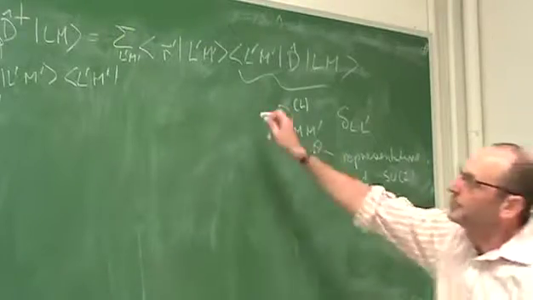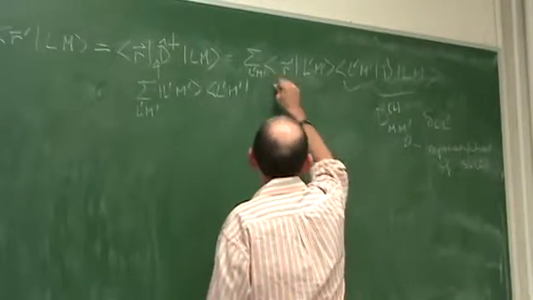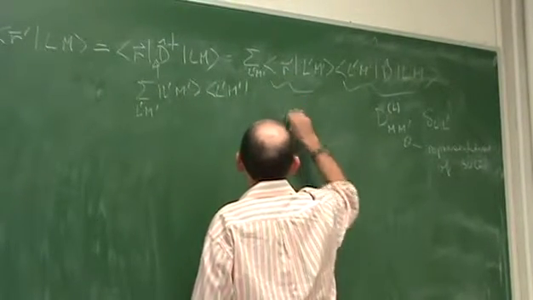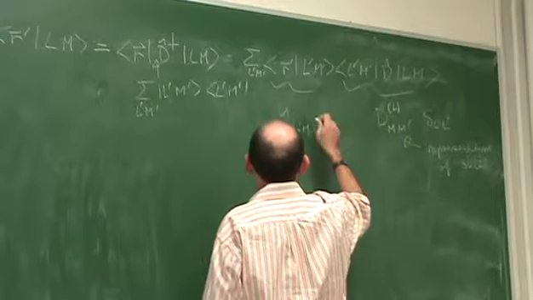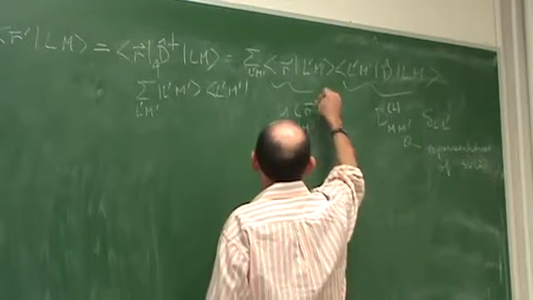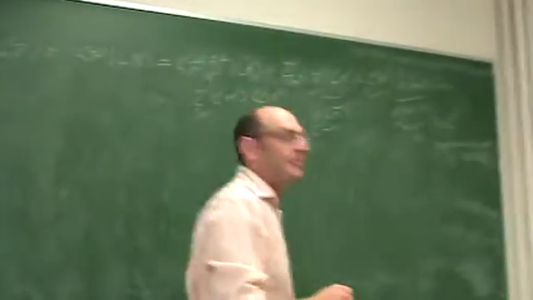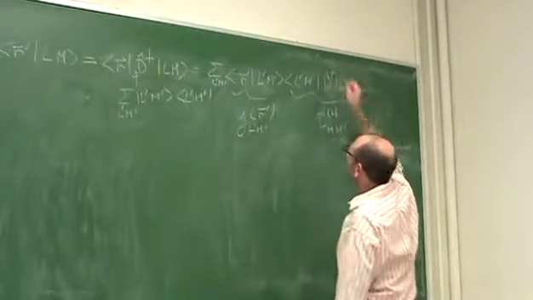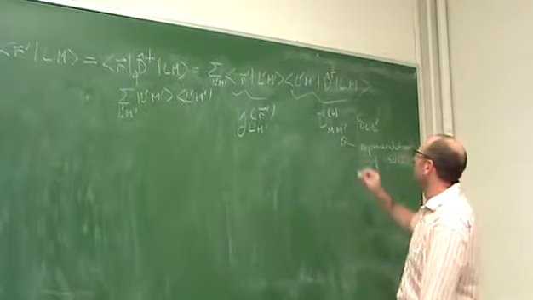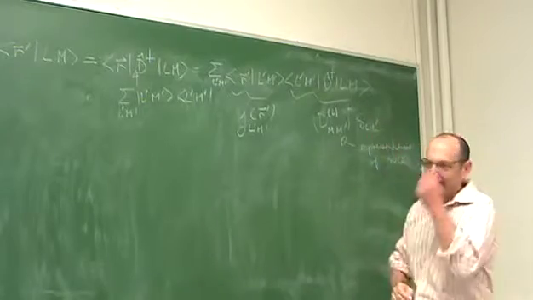But this is important because now what we see here is, well, this was equal to Y_L'M'. And doing that sum, I made a mistake, excuse me. This should be dagger. So this is this dagger, which is the star conjugate.